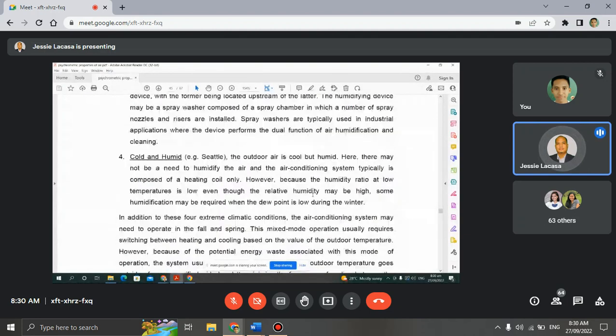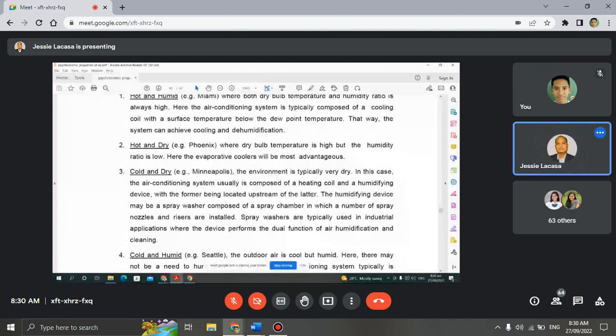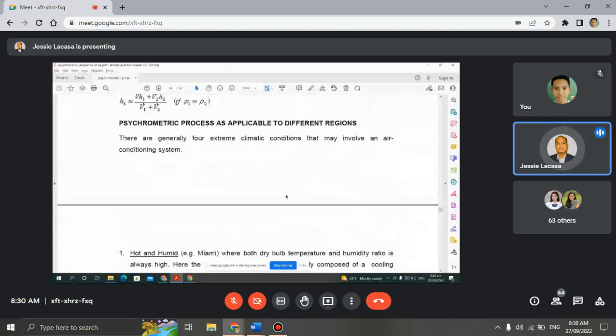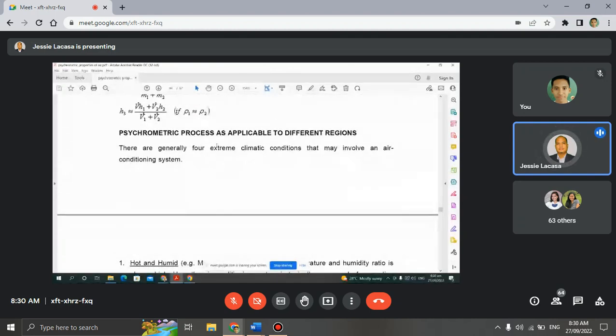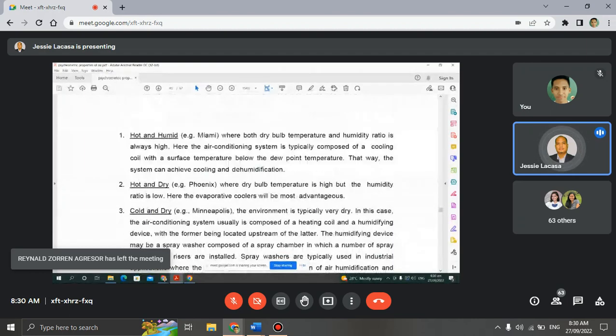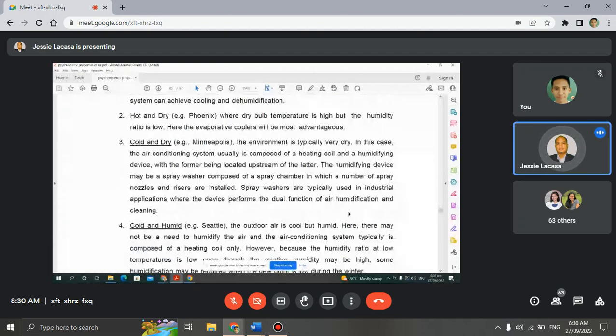How about in the Philippines? Extreme climatic conditions. Philippines, asa man ka nabilong? 1, 2, 3 and 4. Unsa may gikinahanglan nga process, Mr. Manlawi?